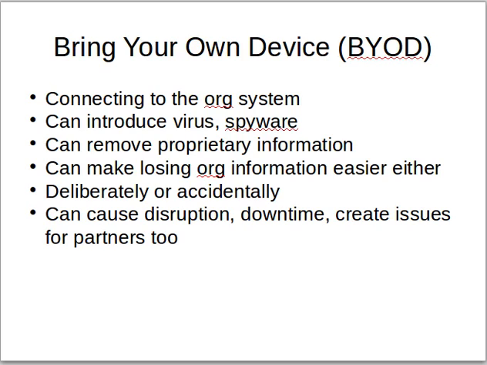So what can make it easier for the organization to lose information, either deliberately or accidentally? I mean, consider if I'm using my laptop at work and I put all kinds of company information on it, when I carry it out, who knows what I do with it, right? So not only does this possibly affect you or the company, it can affect anyone else that interfaces with the company.